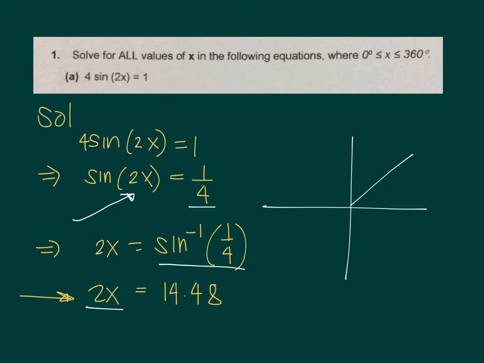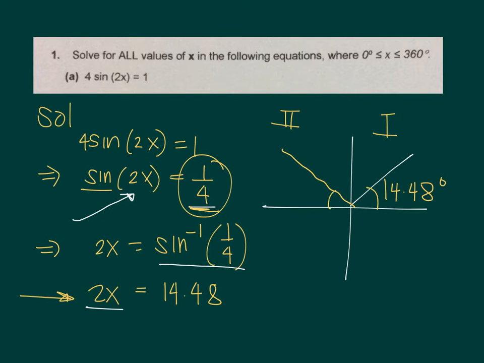This is your 14.48 value for 2x. That's the angle. Now there's another angle that will give you 1/4. And since the sine is a positive number, and the sine can only be positive on the first and on the second quadrant, then you have to find the other angle whose reference angle is 14.48 on the second quadrant.